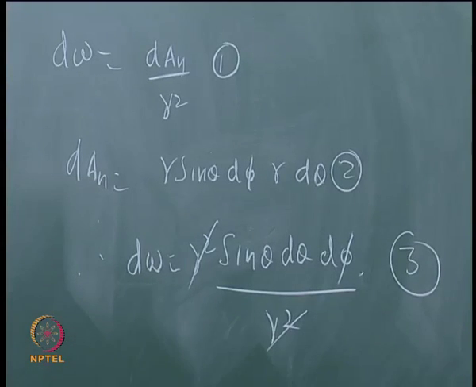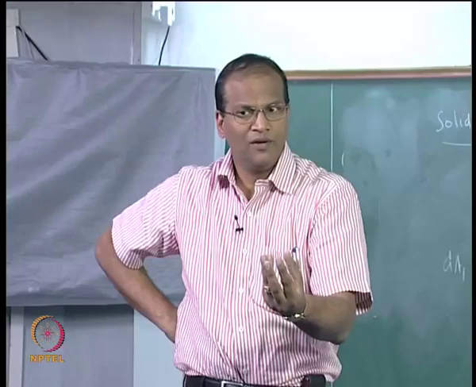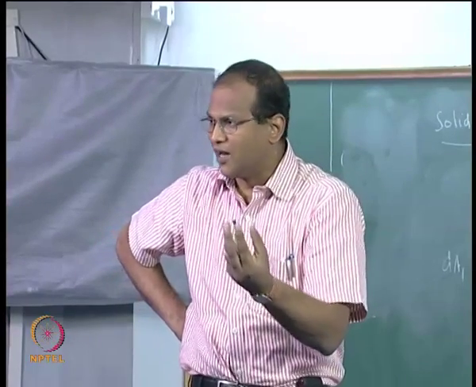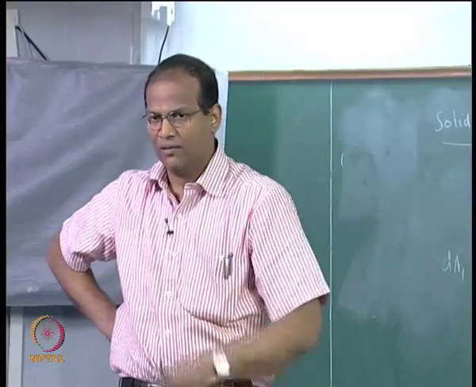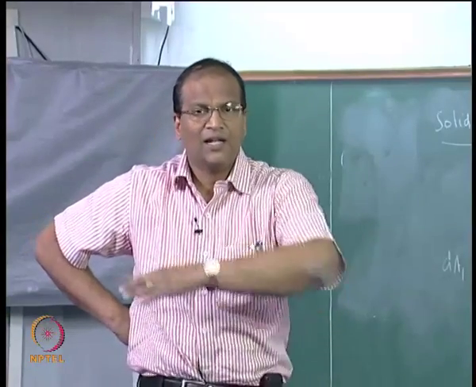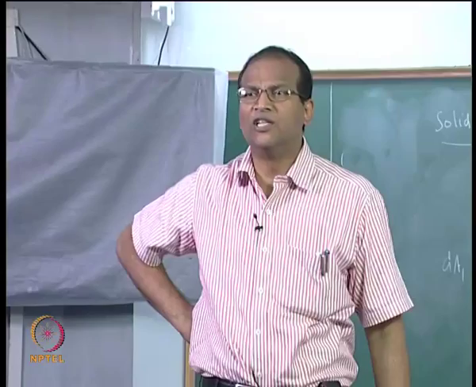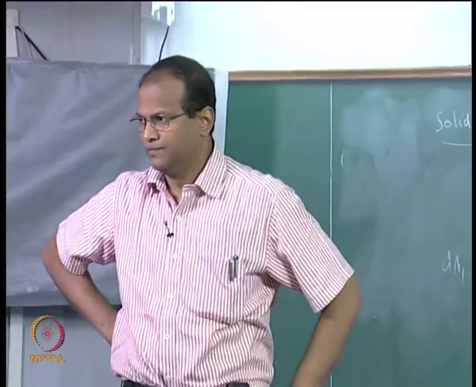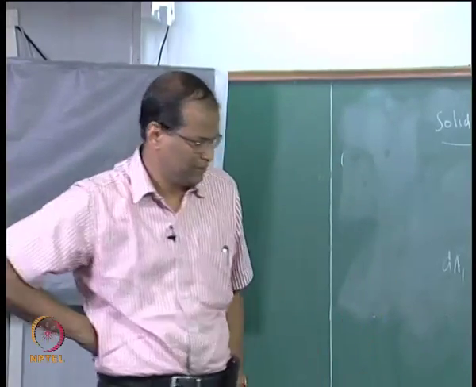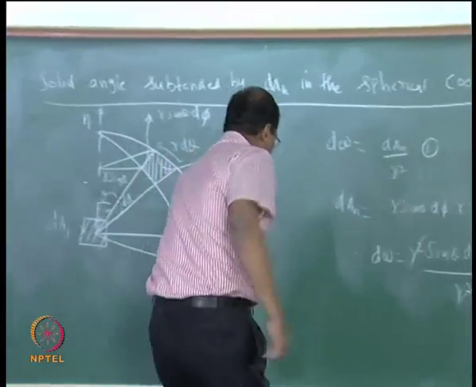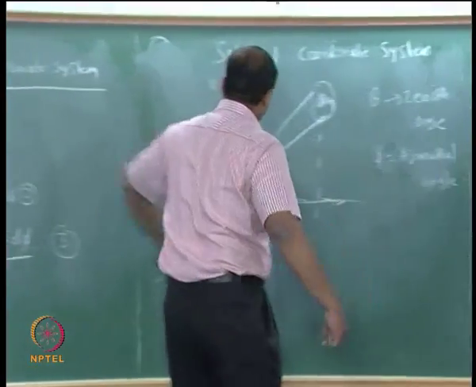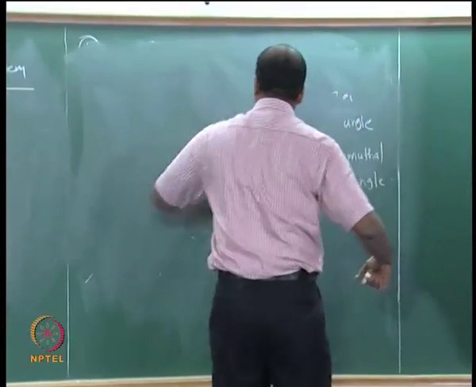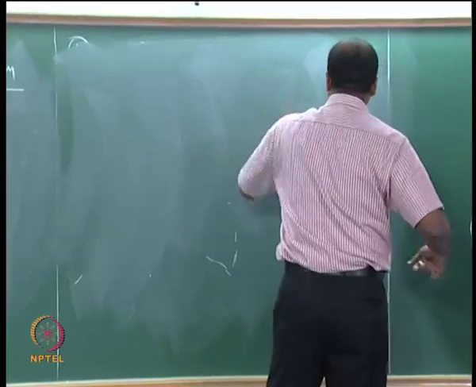So what will be the total solid angle associated with the elemental area dA1, that is, radiation is falling on to a hypothetical hemisphere above it. What should be the solid angle? I will just close in 2 minutes.